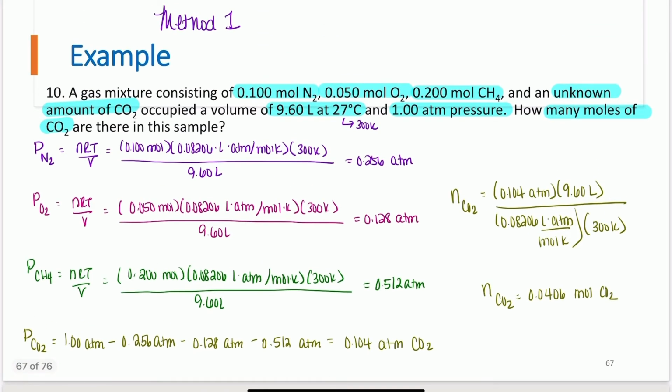So that is one way to do it. That is the longer way to do it, but you can do it that way. You can find the partial pressure of each individual species, use that to find the partial pressure of CO2, and see how many moles of CO2 would create that pressure under those conditions.